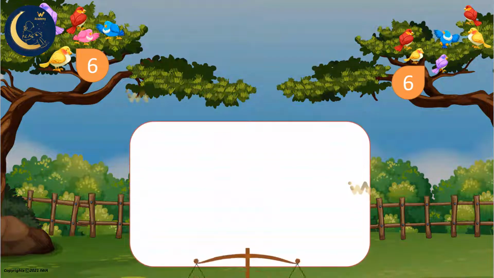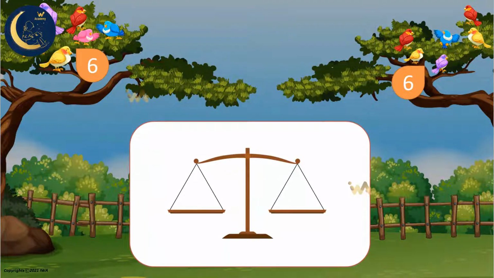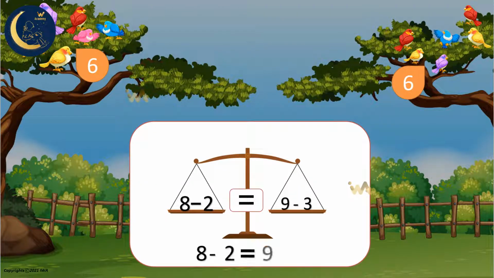Since the number of birds that are left on the trees is 6 on both sides, this means that the numerical sentence of 8 minus 2 is equal to the numerical sentence of 9 minus 3. So we will put the equal symbol here. So friends, 8 minus 2 equals 9 minus 3, and both values are equal to 6.